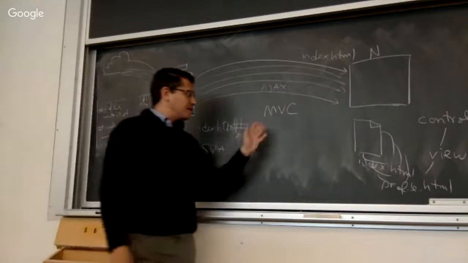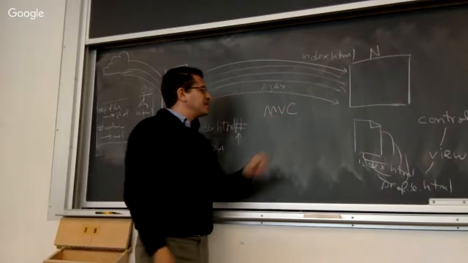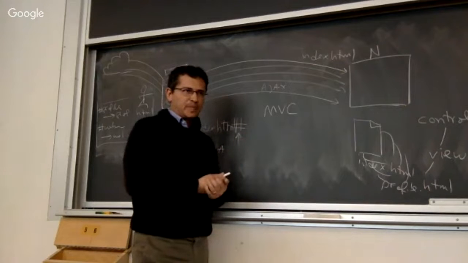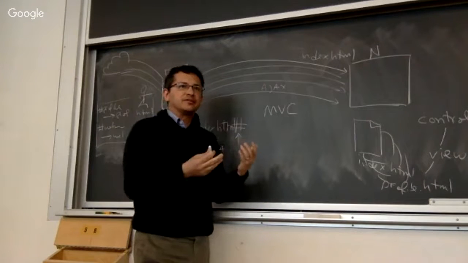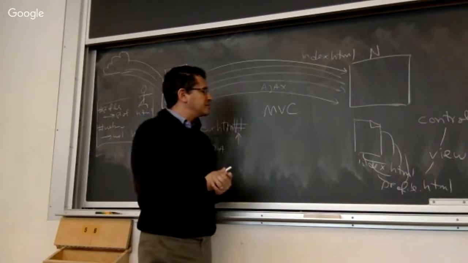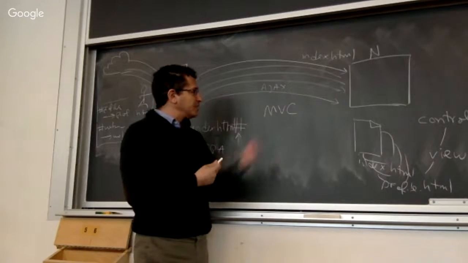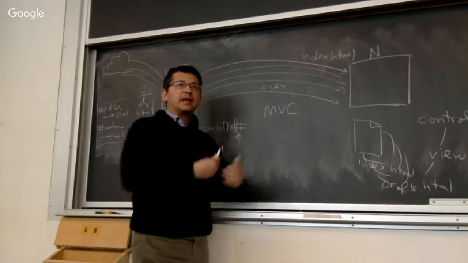This was an architecture that allowed splitting up the work into different teams, to think about the various challenges of each one of the different pieces of the application. Views: what are you going to display to the user?